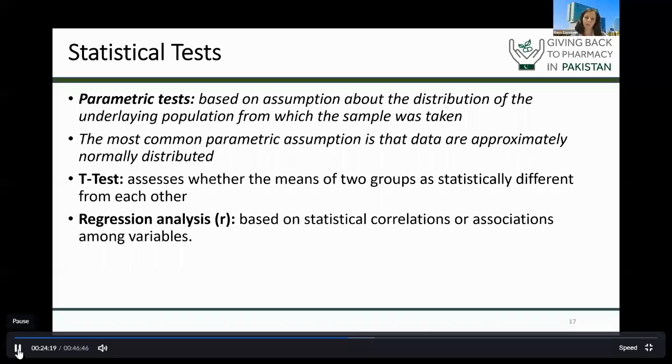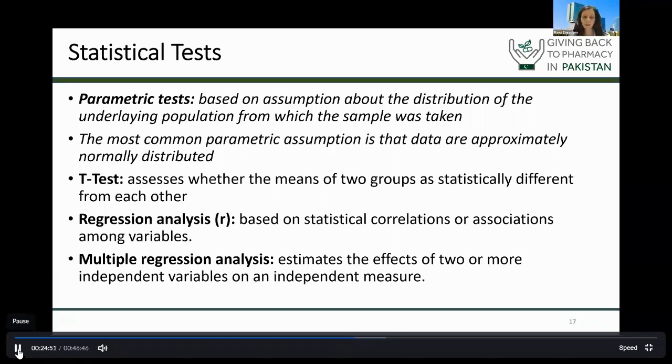This is not caused by that, but is correlated to it. The R can range between -1 and 1. -1 means a perfectly inverse relationship. 1 is a perfectly positive relationship, which means as this variable goes, this variable goes the exact same amount. And 0 means no relationship. So you always want your R to be closer to 1 or -1.